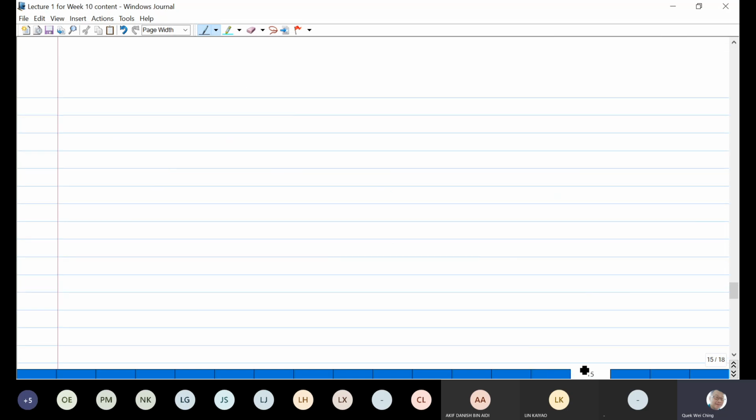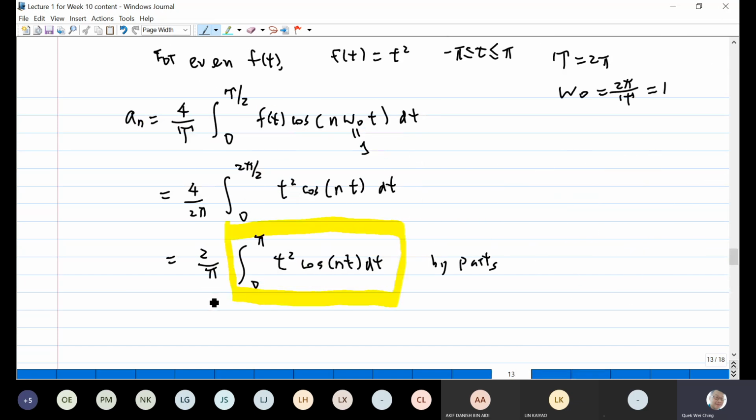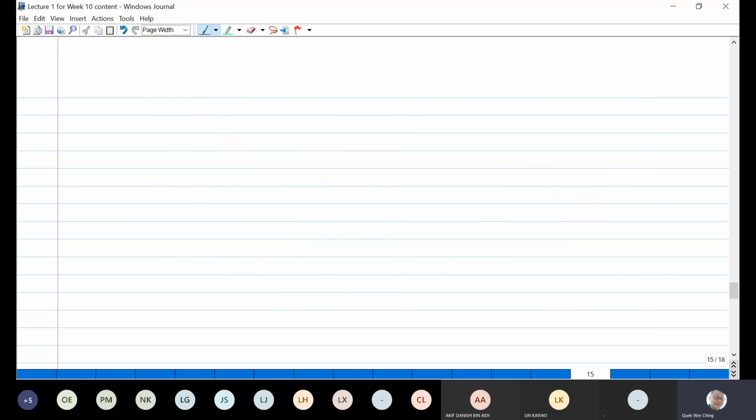Your an, look at this picture here. An is actually 2 over pi times this integral. So an is equal to 2 over pi times the integral of t squared cosine nt dt.